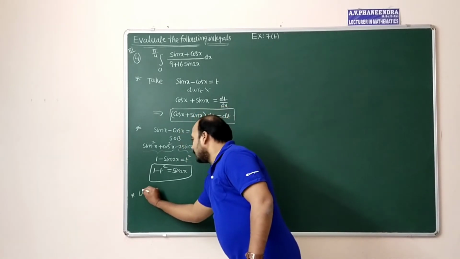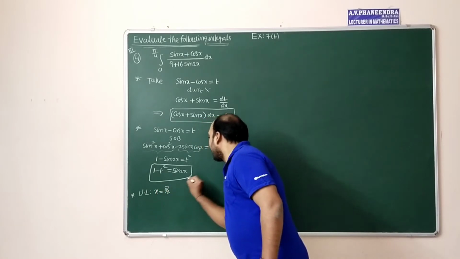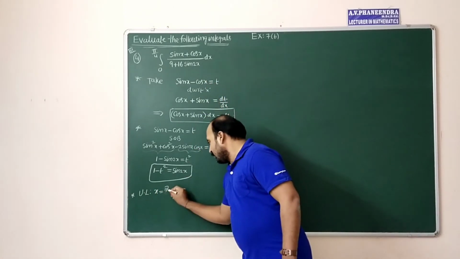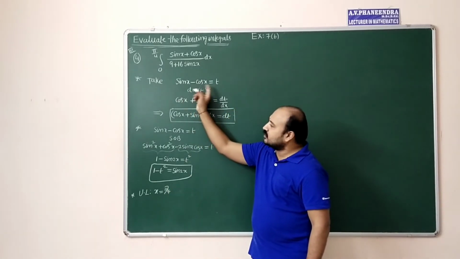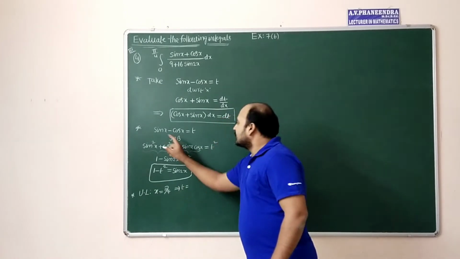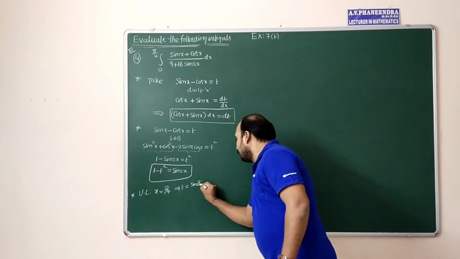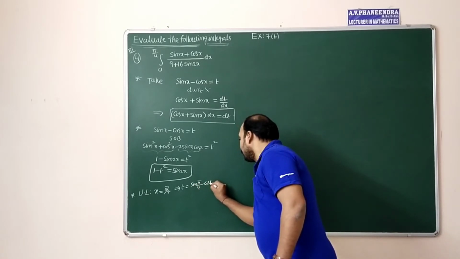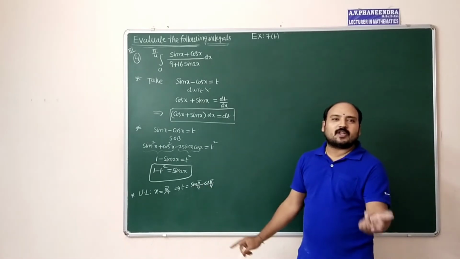First, upper limit. When x is equal to pi by 4, in the substitution you have to take that. So that implies that t is equal to sin pi by 4 minus cos pi by 4. Sin pi by 4, cos pi by 4 both are equal to 1 by root 2.